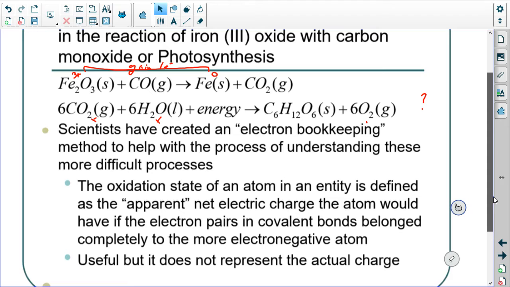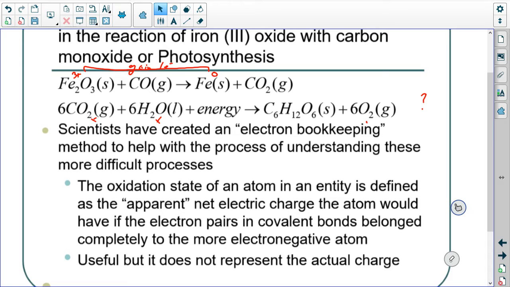Which one of these gains electrons, in terms of hogging them, or gets them more often, or less often? So the oxidation number is bookkeeping. It is a method. It doesn't reflect reality all that well, but it does help us with this system.